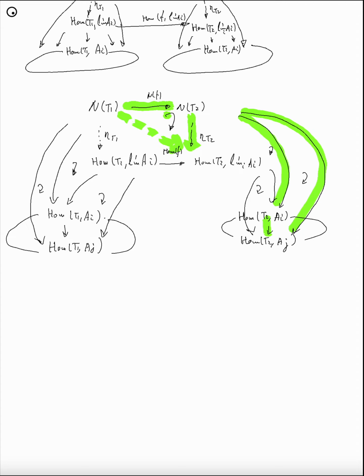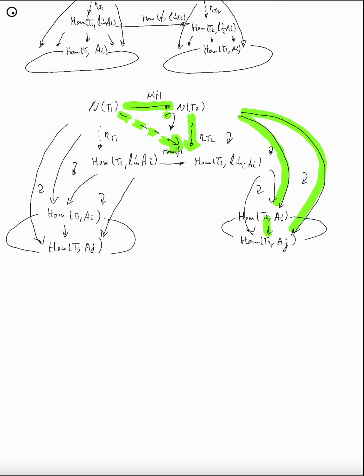Or more precisely, there is a unique one making the diagram commute, which means this should be the same as this, because we know this is commutative, and then composed with the same one, it's again commutative. And so this is the one making the diagram commute, so it should be the same as this one.